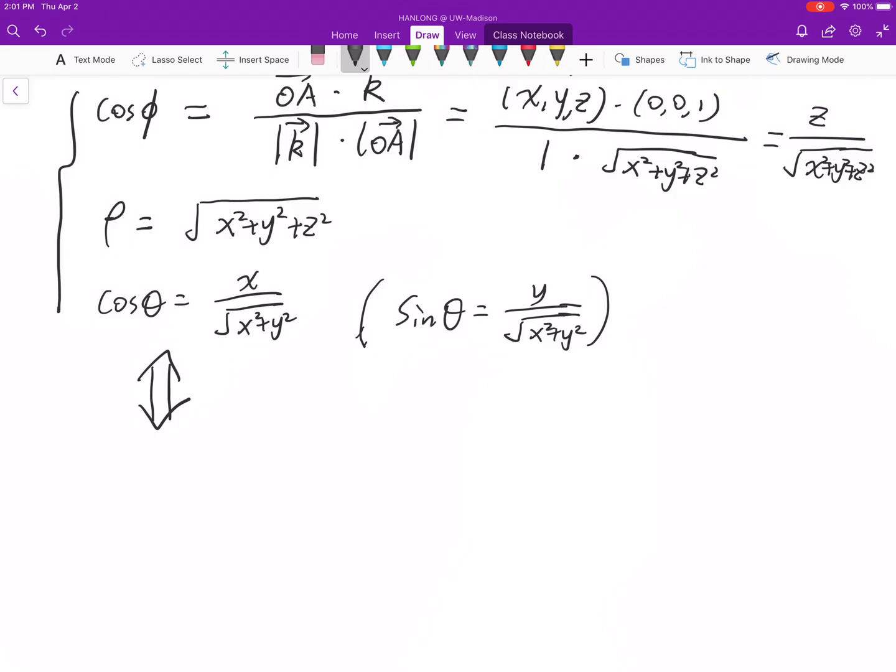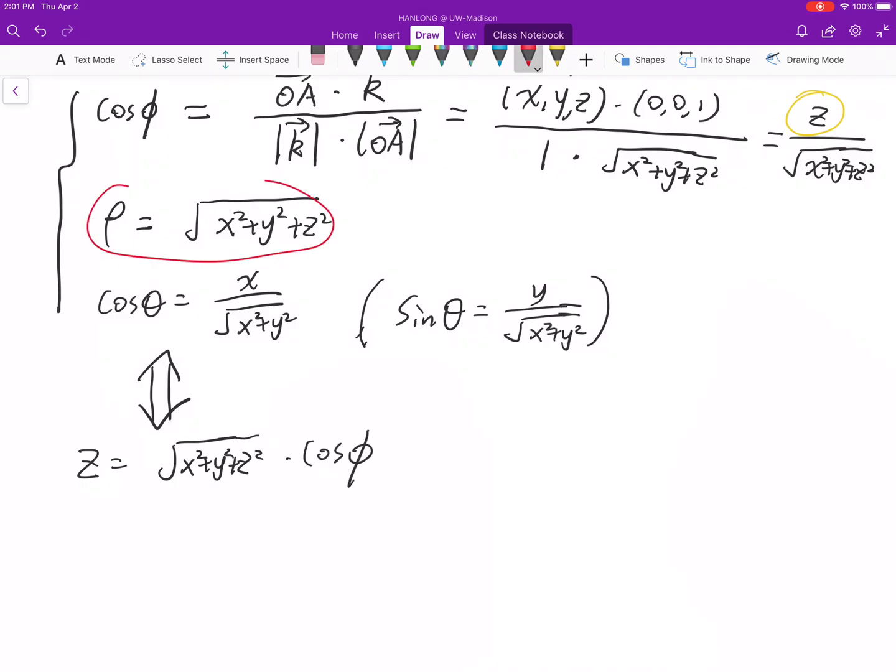Here, z is the square root of x squared plus y squared plus z squared times cosine phi, and if you plug in rho, you have z equals rho cosine phi.